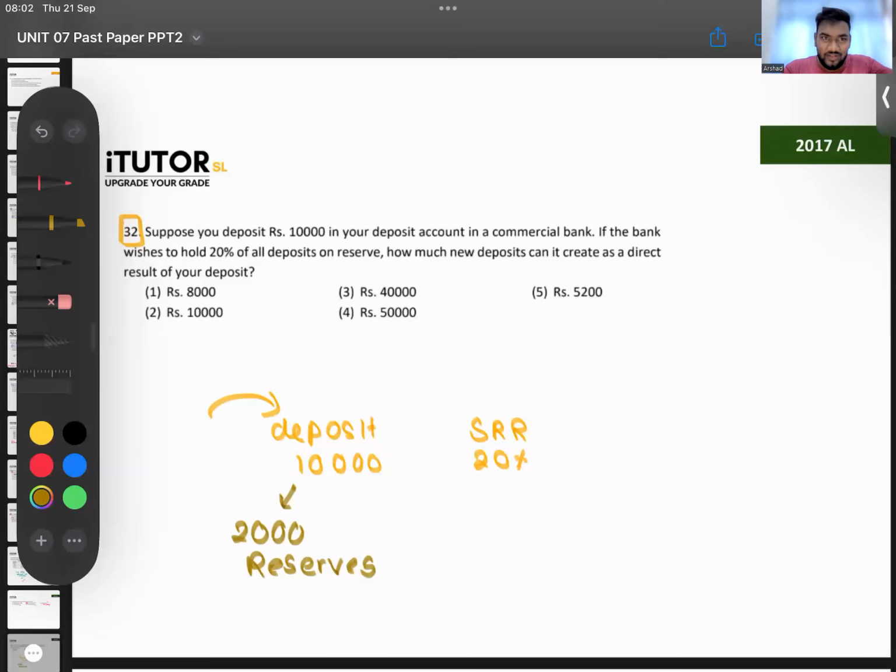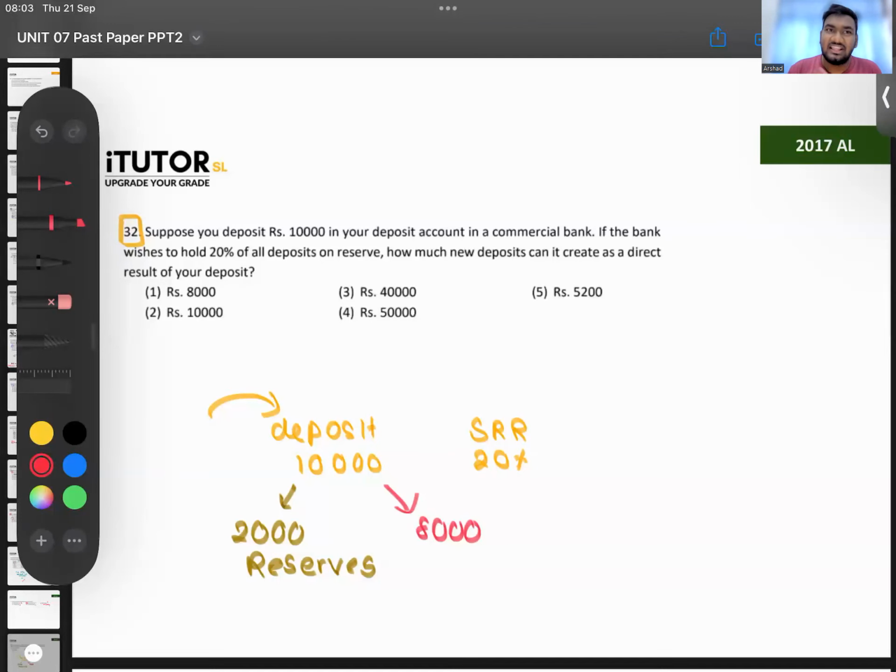Then the balance that fellow will go and put in another bank. A new deposit is created. So how much of new deposits can be directly created because of this? It's that balance, 8,000. They are not asking how much new deposits can be created in the banking system. They are simply asking, because you came and deposited 10,000, how much new deposits can this bank create?